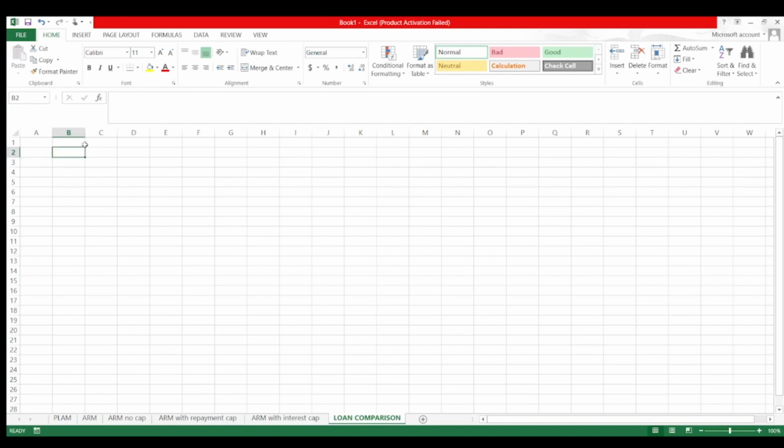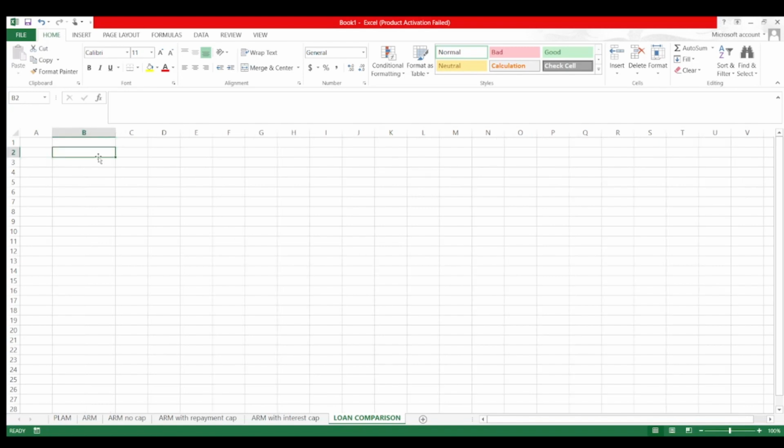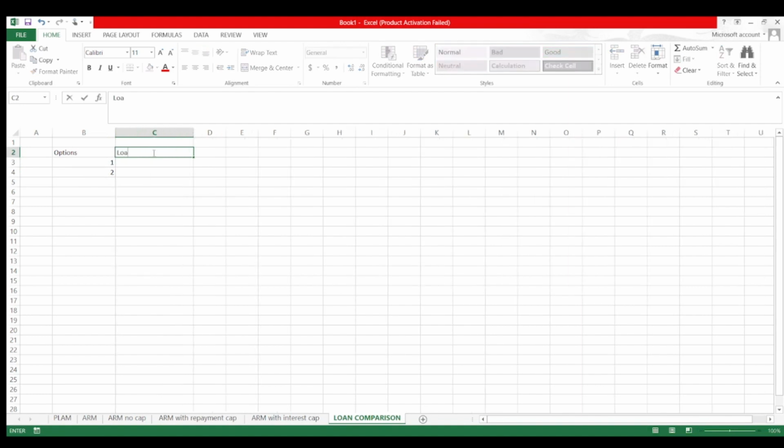First of all, we need to capture the basic information. Here we'll have our options: the first option and the second option. For the first option, the loan amount is 80,000.